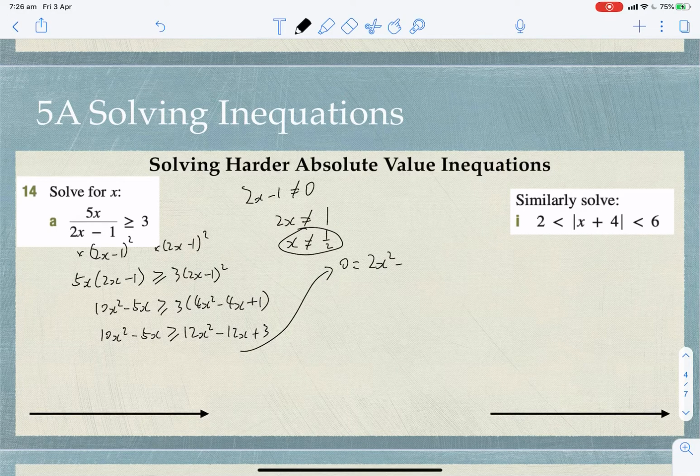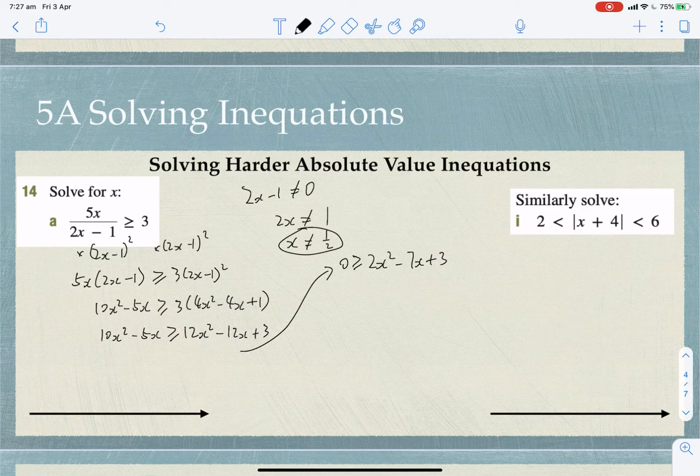No, plus 5, almost got it wrong. So that would be minus 7x. And then plus 3, okay. 2 times 3 is 6, minus 1, 7. Okay, cool. Oopsie, we do this first, okay.